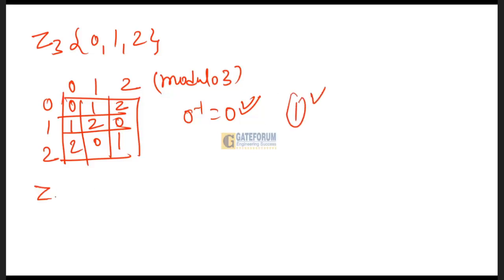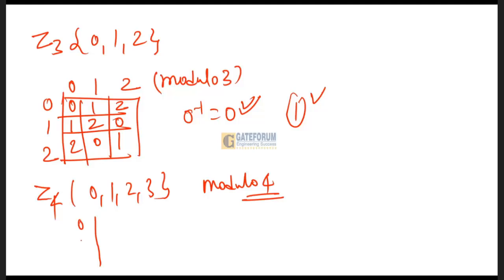And one more is left, that is Z4. This time we have 0, 1, 2, 3, and the remainder could be 0, 1, 2 or 3, nothing else, but the modulo is 4. So in row 0 we have 0, 1, 2, 3 as it is.